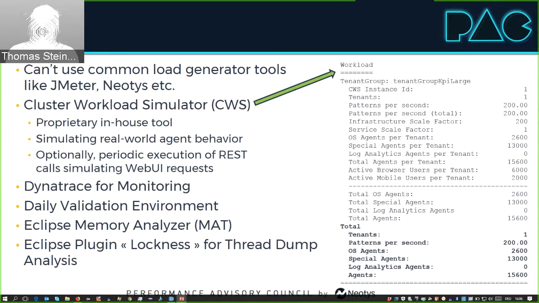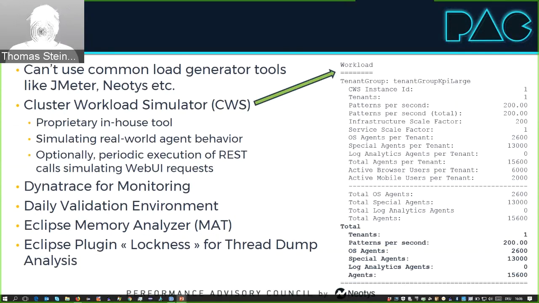So it's a proprietary tool simulating real world agents, sending data to the cluster, and with a single CWS JVM configured in a certain way, we, for instance, can simulate close to 16,000 agents in a single CWS JVM. So testing large scale, a high number of agents, that's the only way to go regarding load generator.